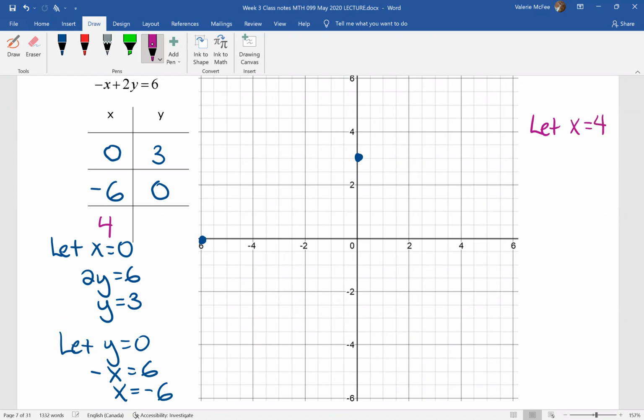Now remember, this is just checking that our x-intercept and y-intercept are correct. We could just join those dots now, but we want to be sure. So we have negative x plus 2y equals 6, and x is 4. So I'm going to add 4 to both sides.